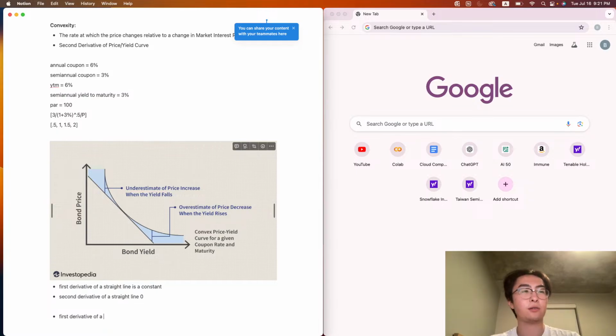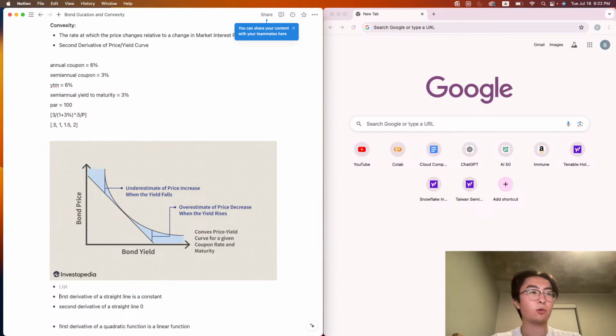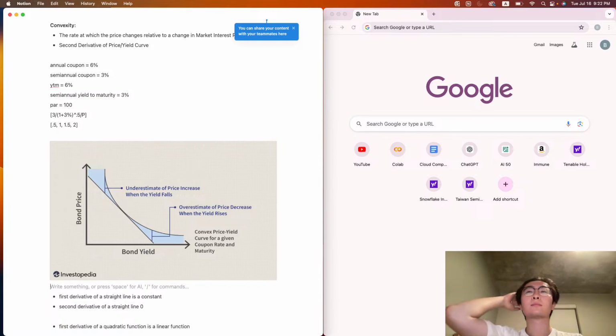But the first derivative of, I think, a quadratic function is a linear function. Quadratic just refers to squaring a number. Yeah. So, helpful math reminders.